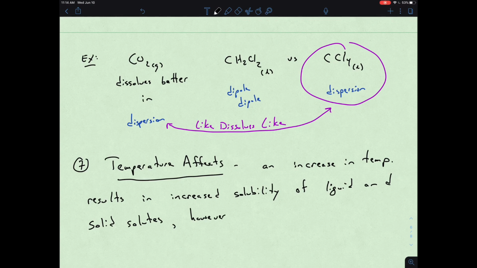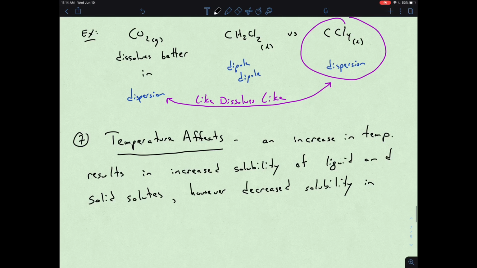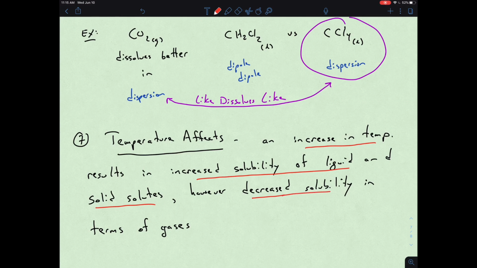However, decreased solubility in terms of gases. So with temperature, an increase in temperature gives increased solubility for liquid and solid solutes. However, we see decreased solubility in terms of gases.